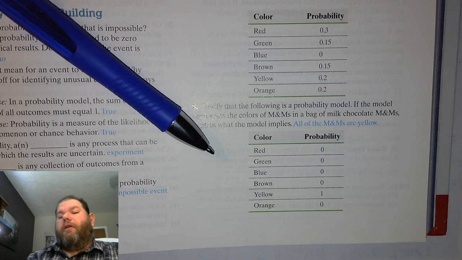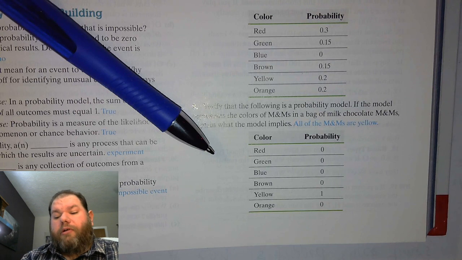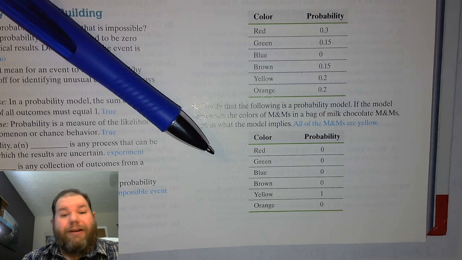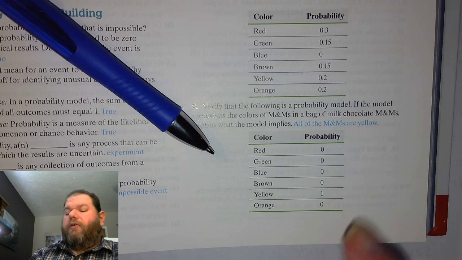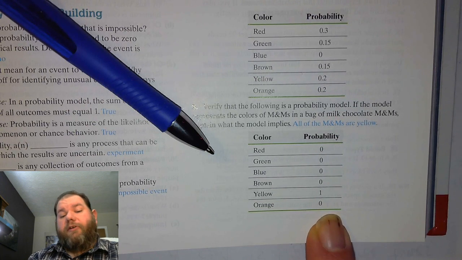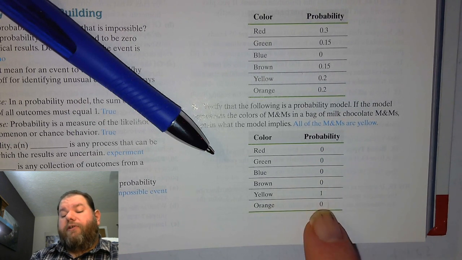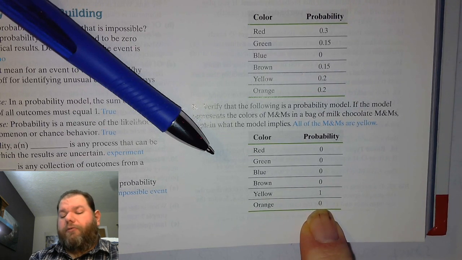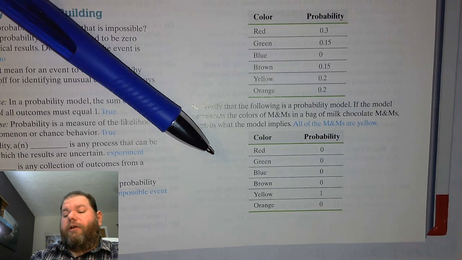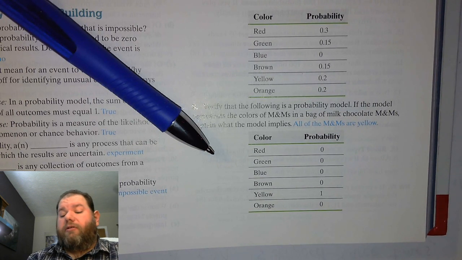So, to be a proper probability model, we said that all the numbers have to be between 0 and 1, including 0 and 1 themselves, and the sum of the probabilities must equal 1. So first of all, is this a valid probability model? Well, we can see all the individual values are between 0 and 1, including 0 and 1. And we can easily see the sum here is equal to 1. So yes, it's a valid probability model.